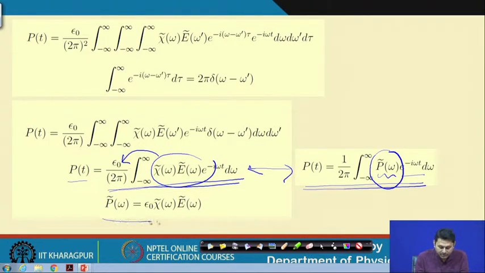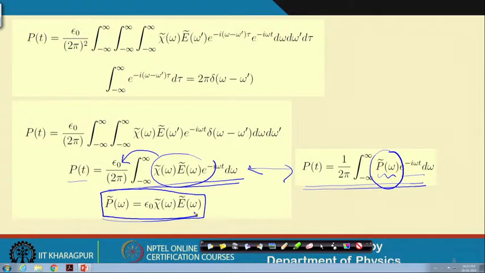This is the final form I am getting, and this form suggests that in the frequency domain the relationship between E, that means the electric field, and the polarization P is linear. So, they are related by a linear relation.